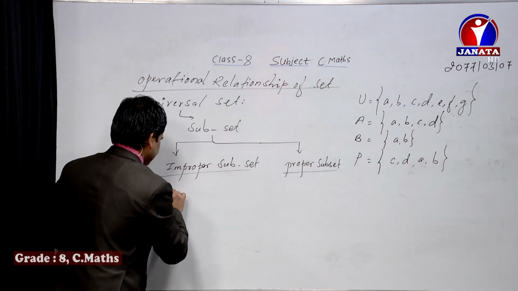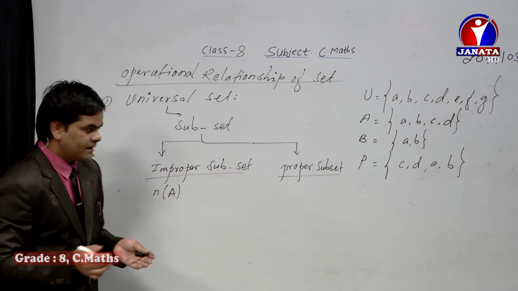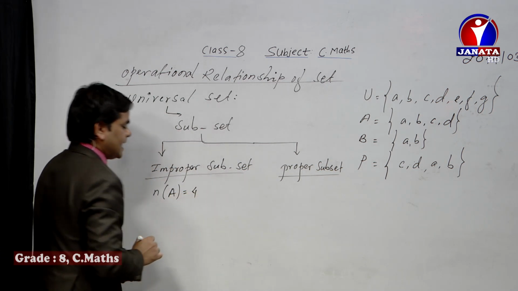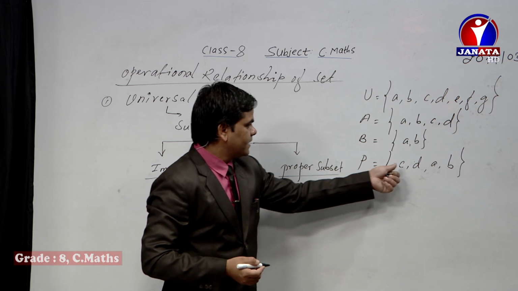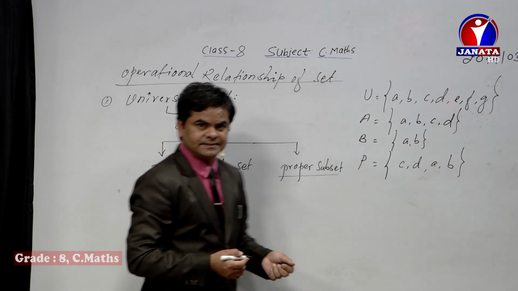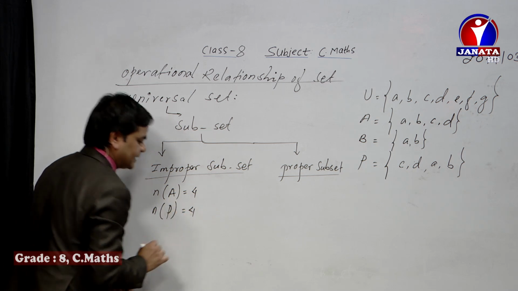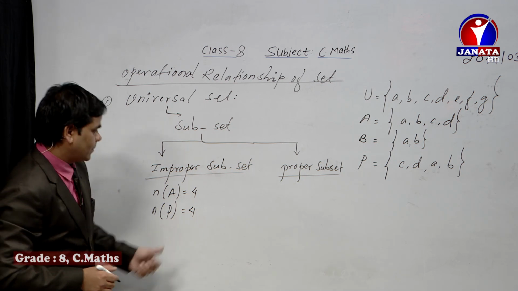Cardinally, if you write, the number of elements contained in set A, B, C, D is 4. And if you see the subset P, here also there are 4 elements. That means in subset P also there are 4 elements. Cardinally, the elements are also equal.